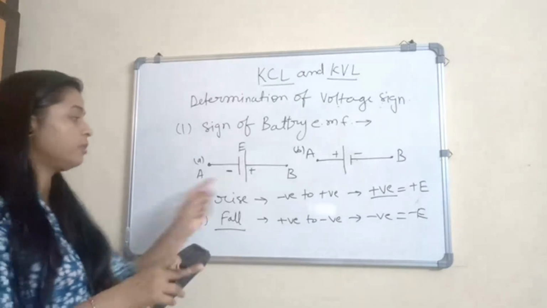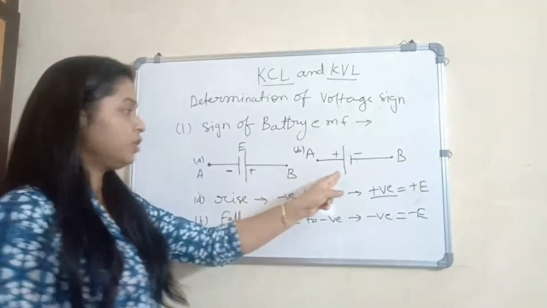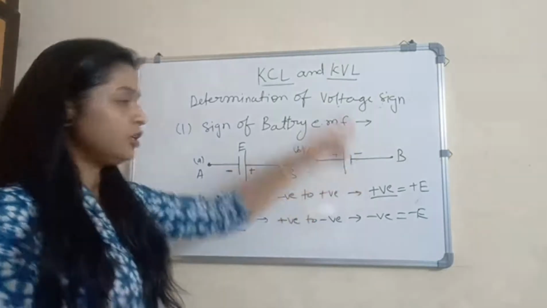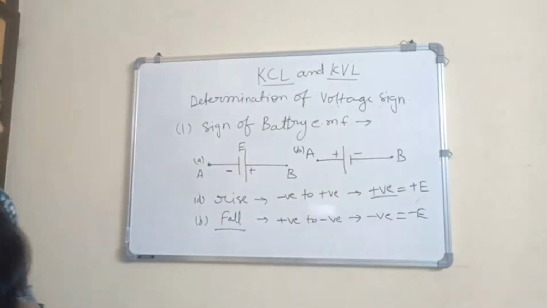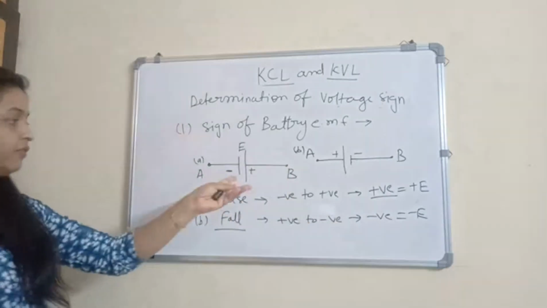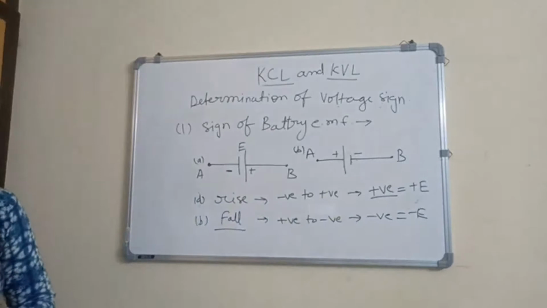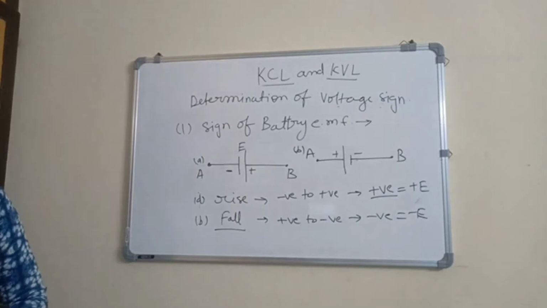Whenever we are moving from negative to positive, it means voltage is rising. Whenever we move from positive to negative, it means voltage is falling. So when voltage is falling, we represent it by minus E. When voltage is increasing, we represent it by plus E. So these are the simple assumptions of a battery. You may write it in this way.